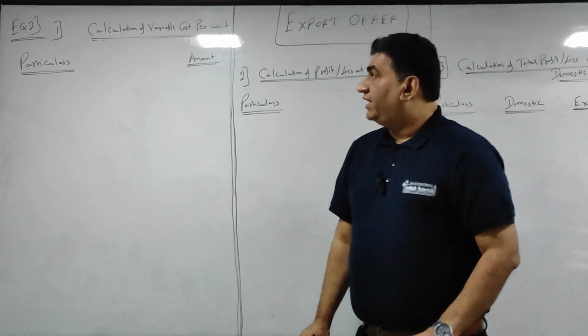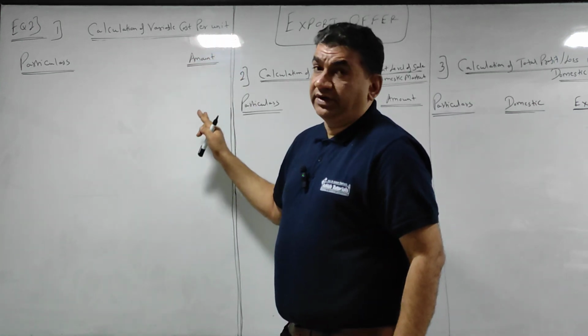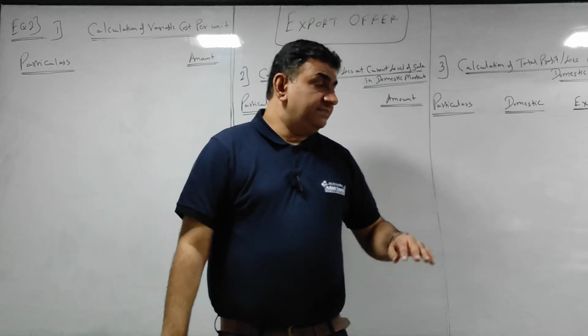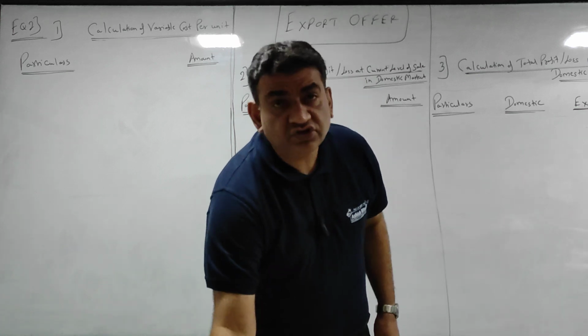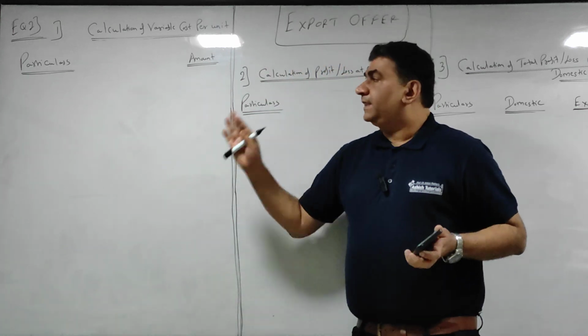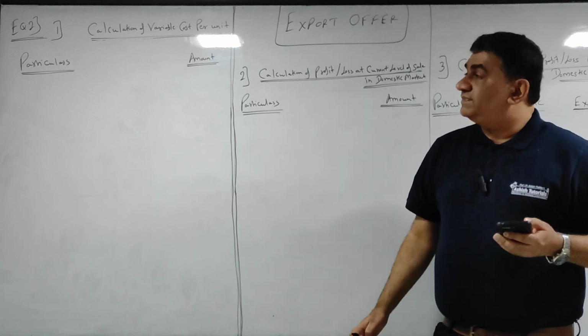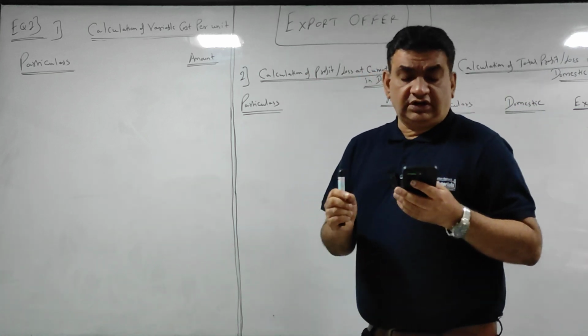So my step number 1, we will calculate the variable cost per unit. There's a specific reason you need this, plus यहाँ पे तुम्हारा calculation भी short हो जाएगा. Okay, so the first step, go with the flow. What I am doing, you will get the concept towards the end of the sum. So the first step is we will just get the variable cost per unit, not the fixed cost.